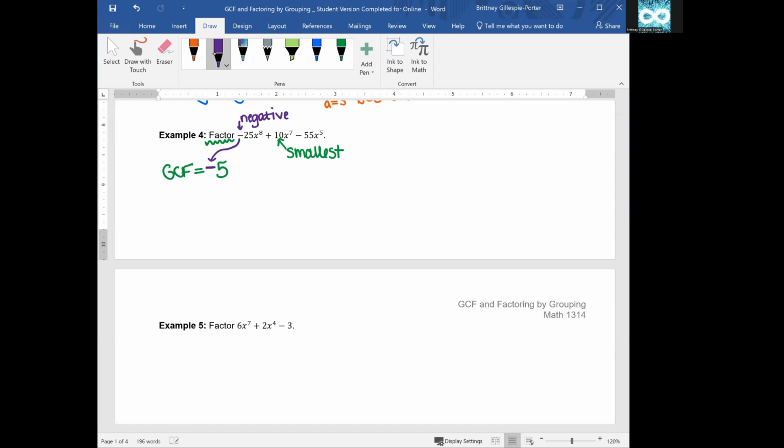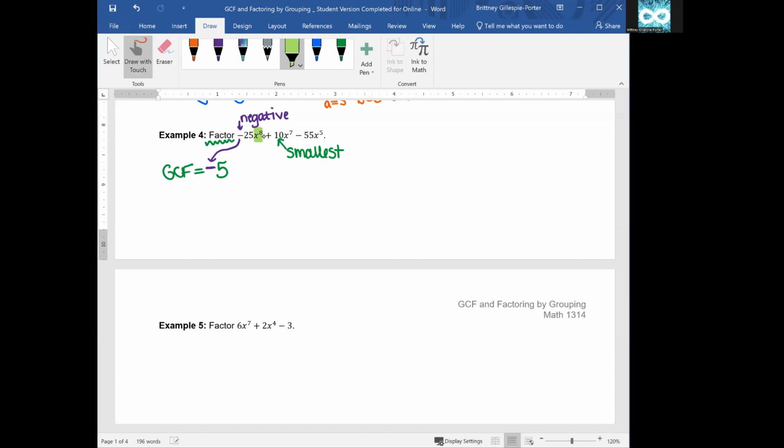Again, only if our very first term in descending order is negative do we need to worry about the negative on the GCF. Now that we have the 5, or negative 5 to be more precise, let's look at our variables.